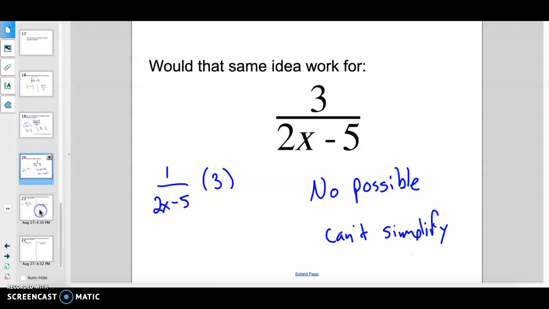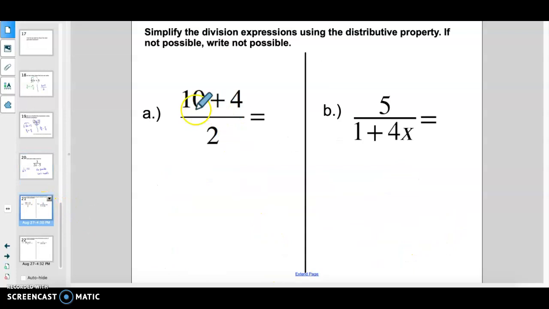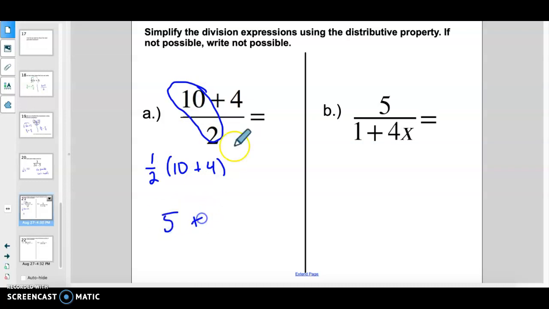So looking at a few more examples, I've got this one, 10 plus 4 over 2. You could take this out and write 1/2 times 10 plus 4, and then distribute. Or you could think about it as 10 divided by 2 is 5, plus 4 divided by 2 is 2, and 5 plus 2 is 7, which is the same thing you would have gotten if you distributed.